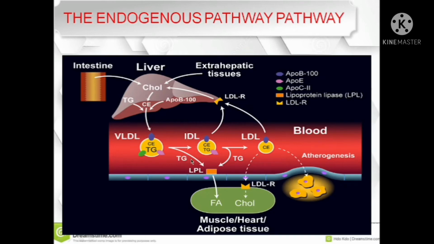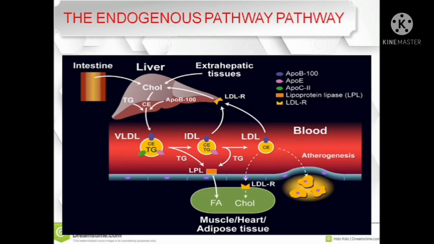On the IDL, the predominant apolipoproteins are ApoB100 and ApoE, but all the ApoE will be transferred to HDL. After that, this is no longer IDL but becomes LDL. LDL is much smaller than IDL. The permanent structural protein on LDL is ApoB100, the only protein in LDL.